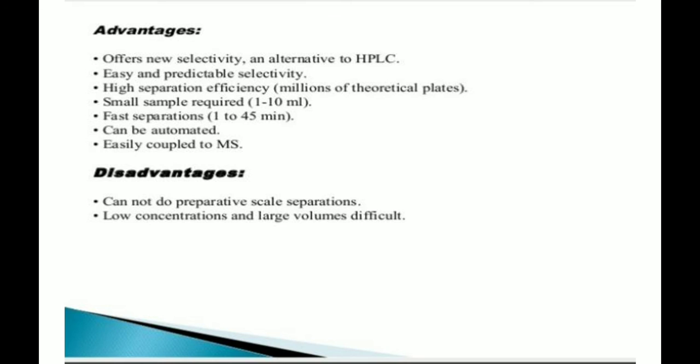It is an alternative to high performance liquid chromatography, and this technique has easy and predictable selectivity. By using this technique, you will get higher separation efficiency, a small sample will be required, fast separation, it can be automated and easily coupled to MS. So these are the advantages of capillary electrophoresis.